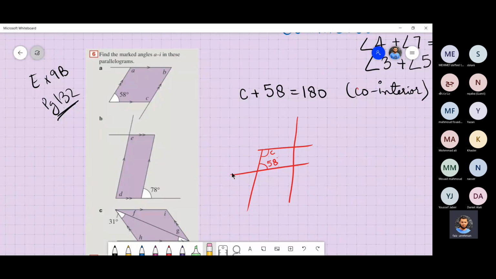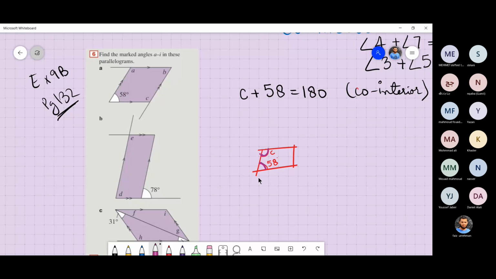Which property will you use? Not 180, which property? You will use co-interior property because these are the corners of a room. Right or not? Yes.